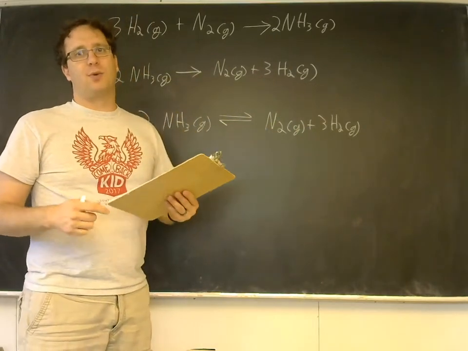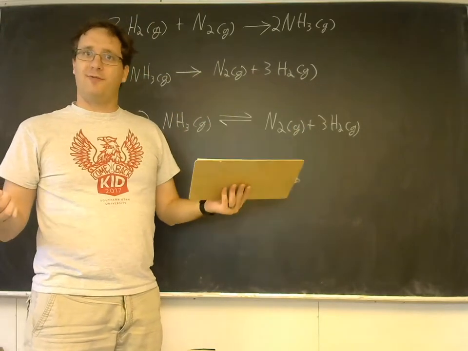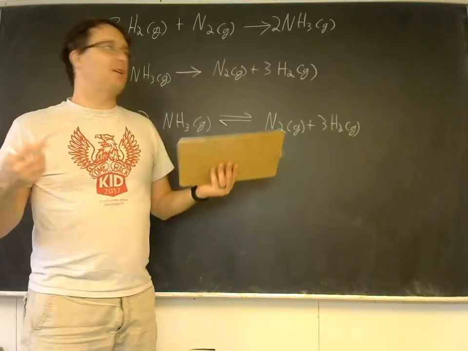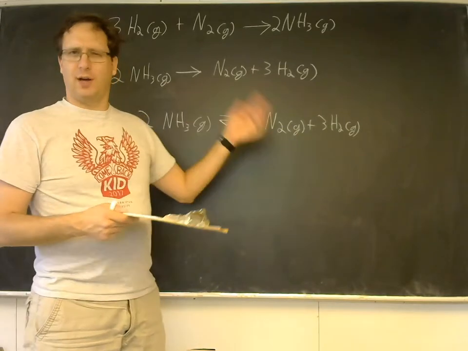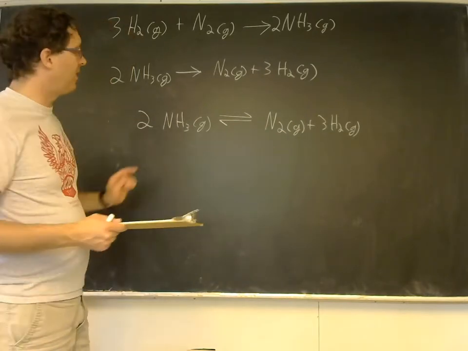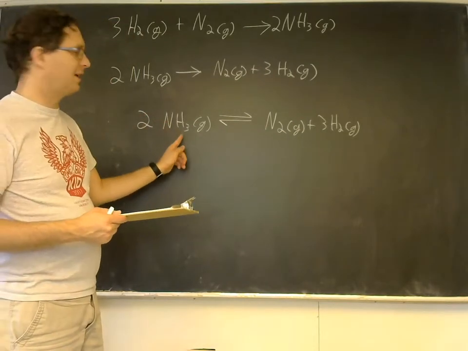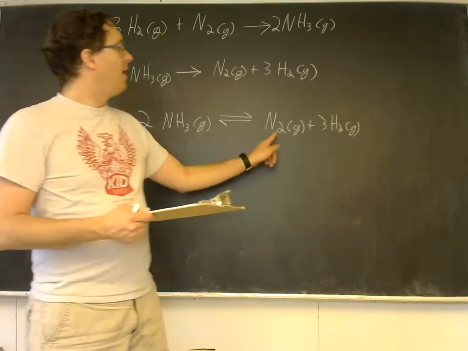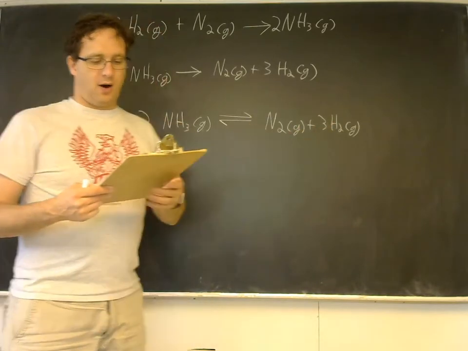And so you need to be careful if you're talking about, say, the equilibrium reaction between ammonia, nitrogen, and hydrogen. Well, that's not enough information. You need to make sure you specify what you are considering the reactant. In this case, ammonia is the reactant, and nitrogen and hydrogen are the products.